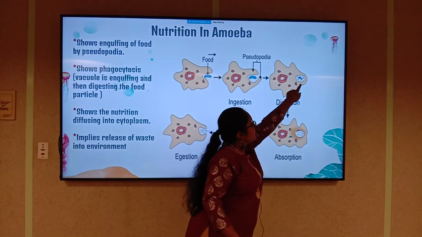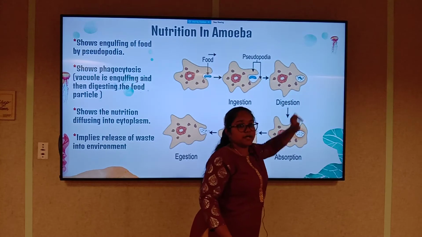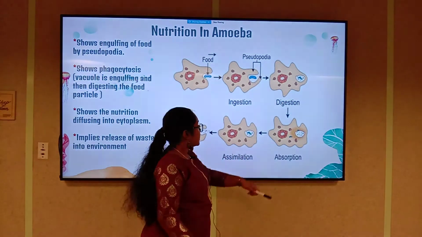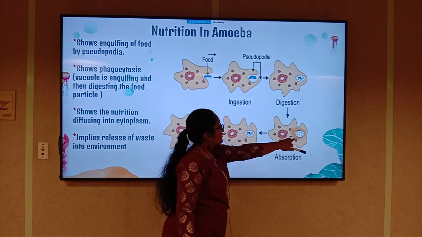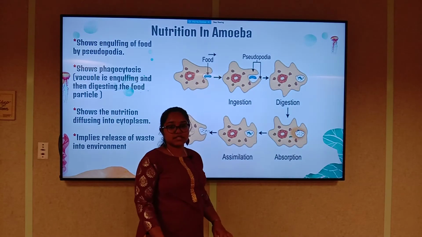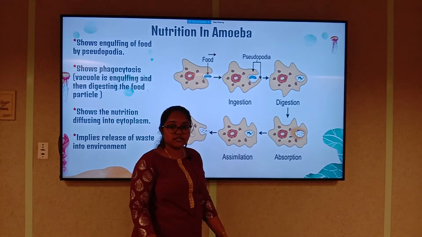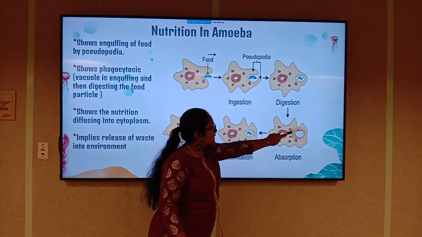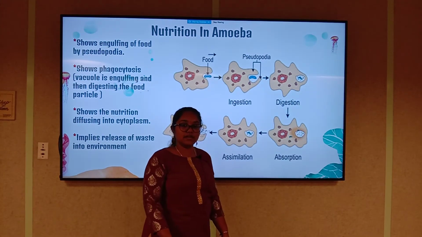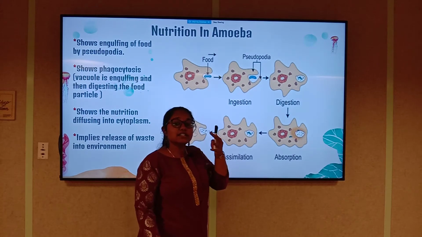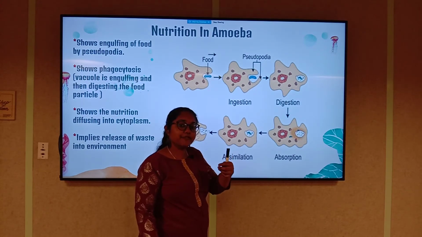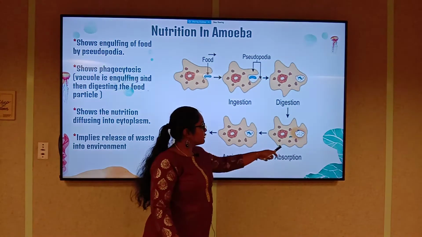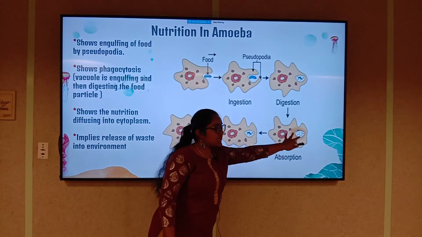Now this is an enlarged food vacuole with the food particle in it. Is that clear? Now in the fourth step, the food vacuole has released some enzymes which have digested the food particle, and if you see around this, a different shaded region is given. That shaded region is the nutrients getting diffused from the food vacuole into the cell.